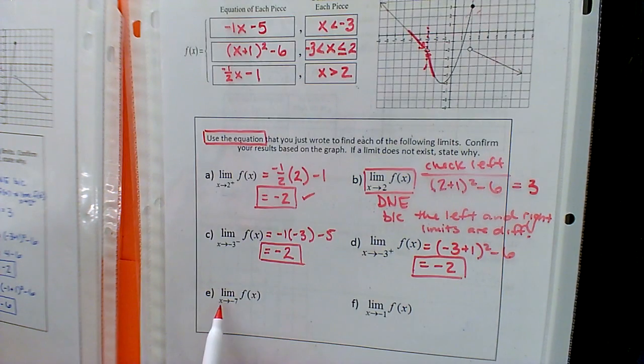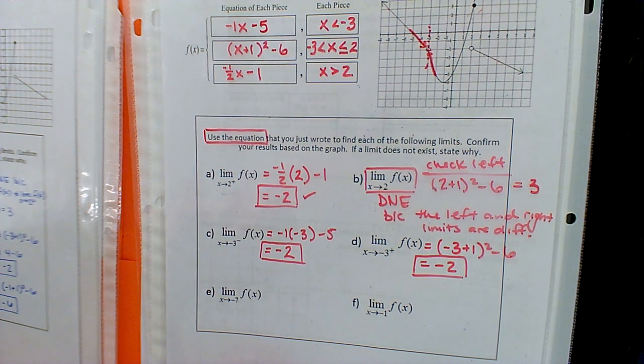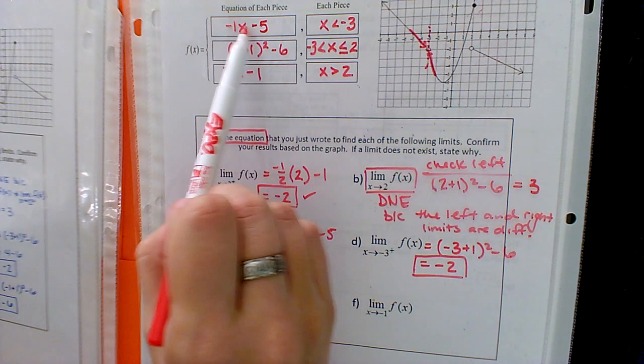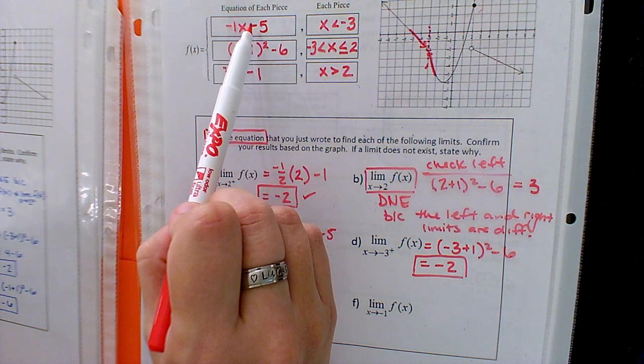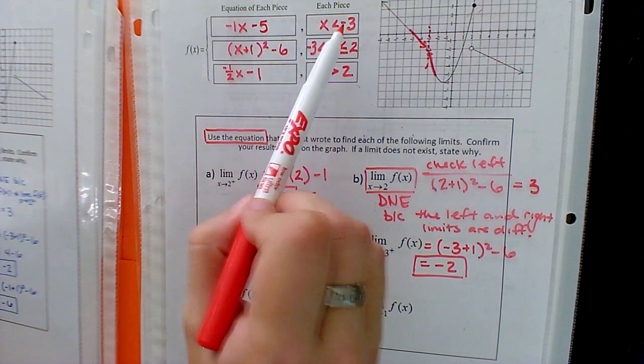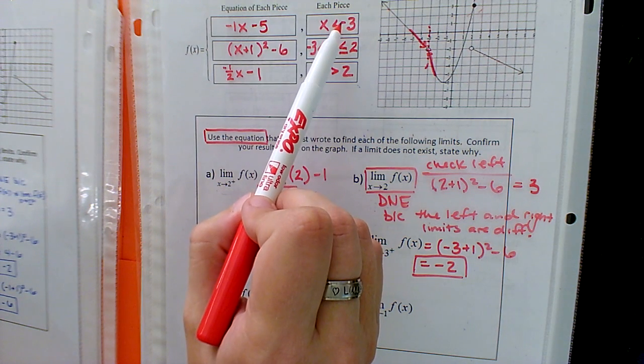All right, check out the next one. As we approach -7, no plus or minus, so we have to come in from both sides. Which equation might that fall under? The first one. Now isn't the first one found on the left and the right of -7? Because this one only goes to -3, right?